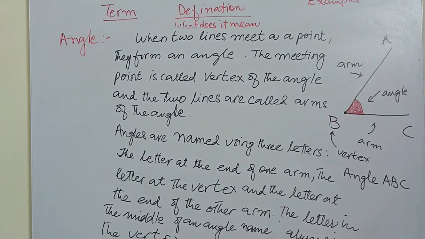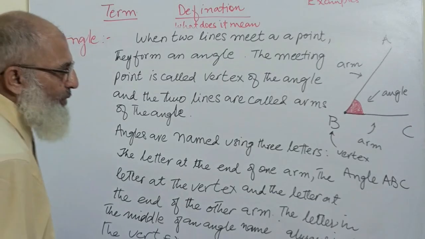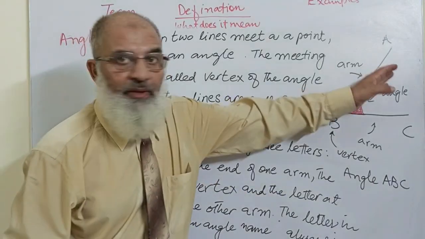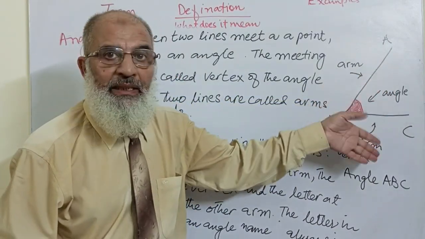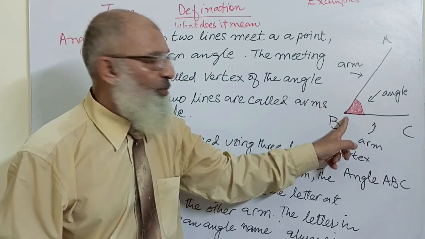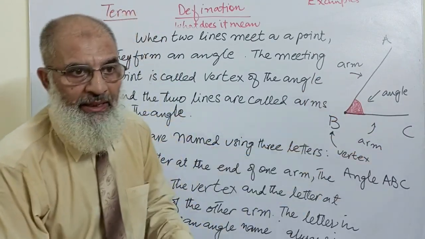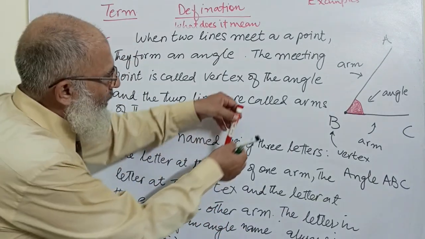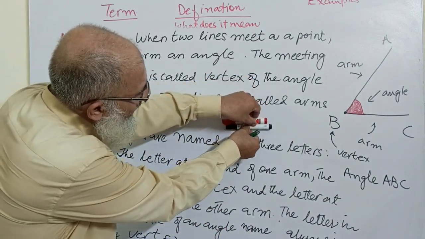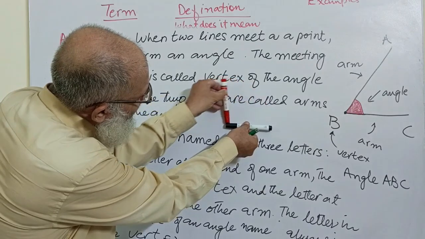Now, to elaborate: the angle consists of two lines meeting at one point. One line is fixed and the other line is moving.